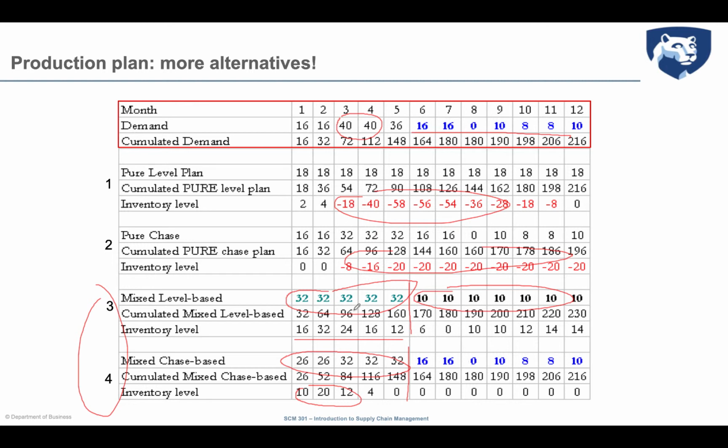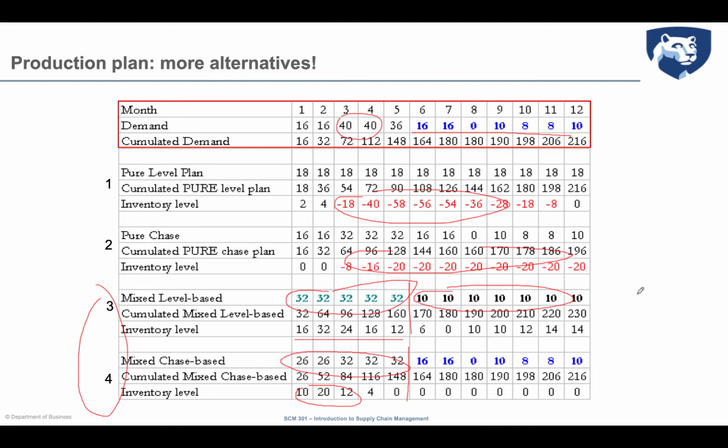In this case, it is not pure chase because you are producing more than the demand in this period, but of course, if you have to choose between more level looking or chase looking, of course your choice will go for chase based. The point of this plan is that they solve your stock out problem that you would have had in the case of pure level or chase strategy.